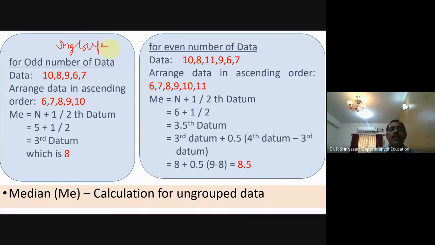For ungrouped data, we have two methods. For an odd number of data, it is n plus 1 by 2. For an even number of data, the formula is the same, but you will get some decimal places. In odd, you don't get any decimal places. This is the way to calculate median for ungrouped data.